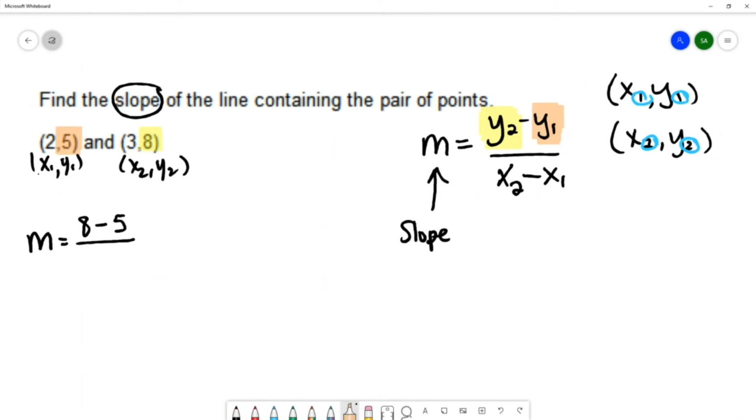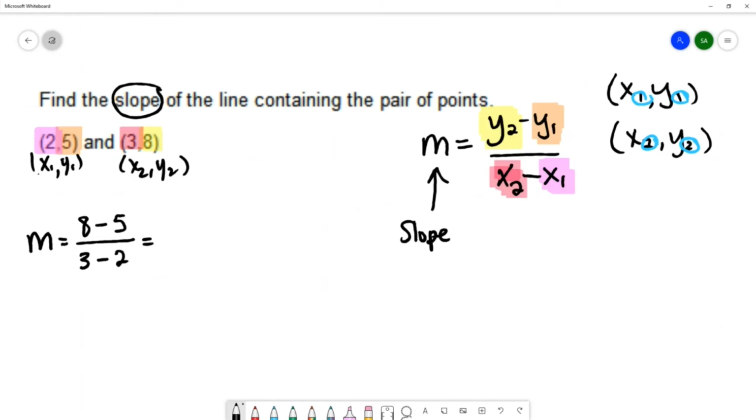And then we have x2. x2 is 3 minus x1. x1 is 2. So I've substituted those values into the formula, and then we simplify.